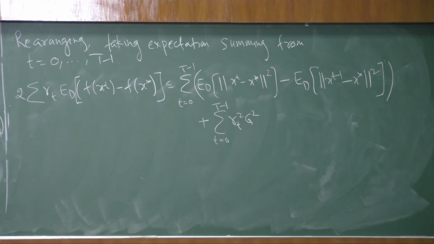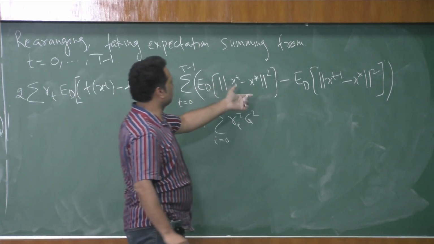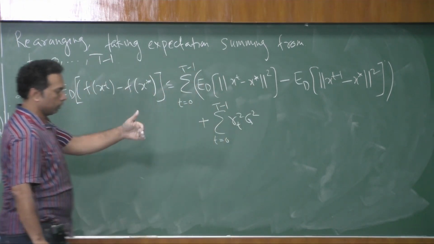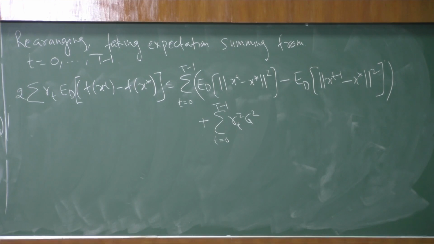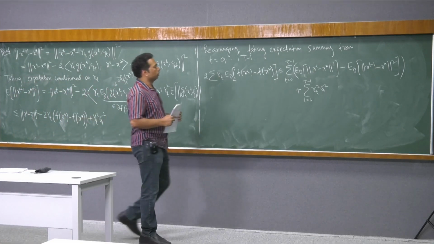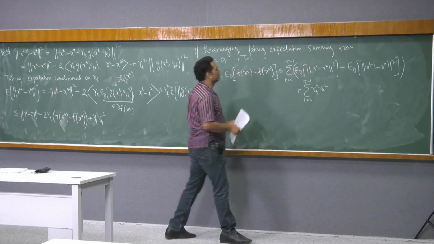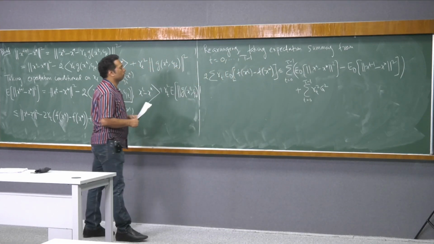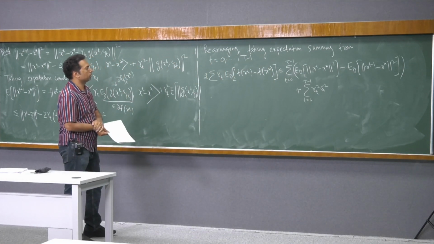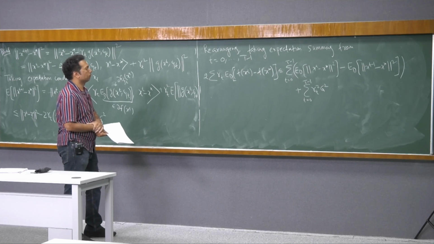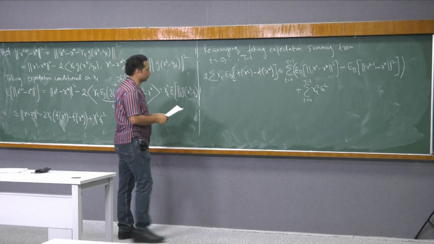So by doing this telescopic sum, our goal is to get rid of these xt's here, because in the bound you cannot have something unknown. In the bound we always want something which is known, so xt's are not known, so ideally we reduce to x0 or x star. Although x star is also not known, at least it's some fixed number, we believe, right?